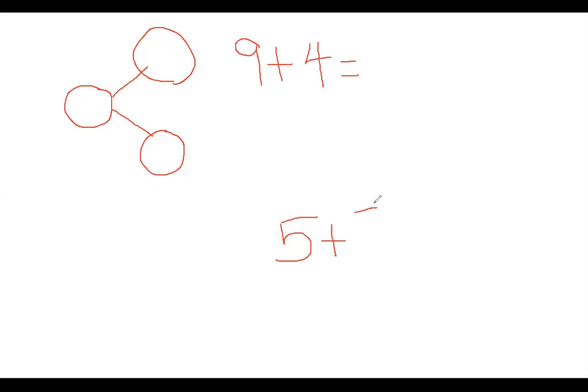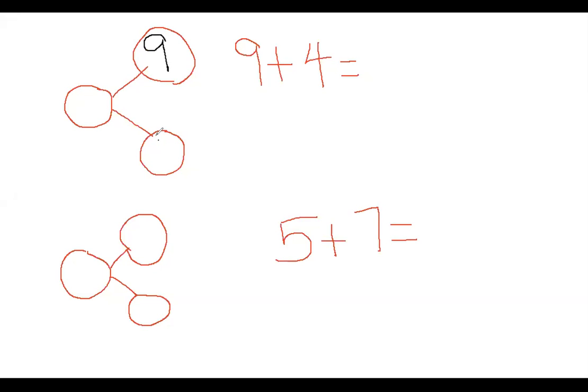Okay. So what's the answer? Or do you want to draw that one too? Draw that one over here. Do the 5 plus 7 over here. So we don't know the answer yet unless you solved it.